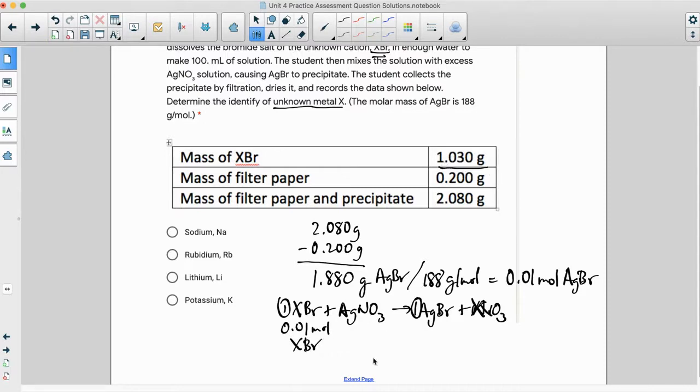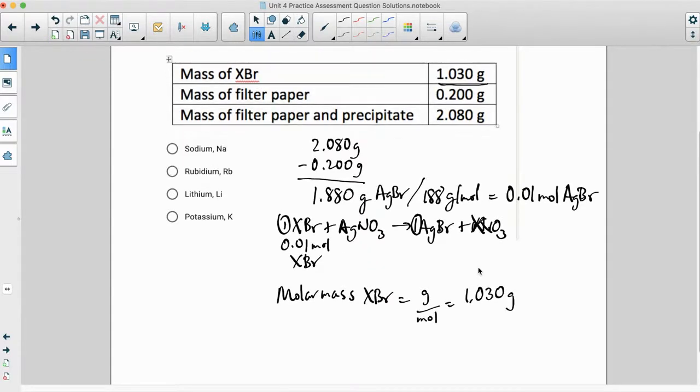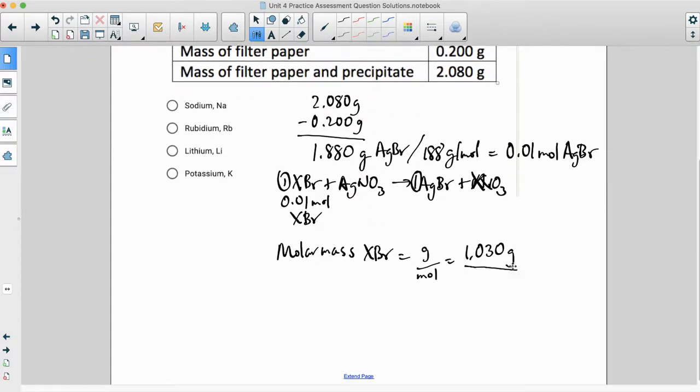Here we have the grams, so the molar mass of XBr is equal to the grams of XBr per mole, and the grams of XBr are 1.030 grams, and the moles are 0.01 moles, so this is 103 grams per mole.